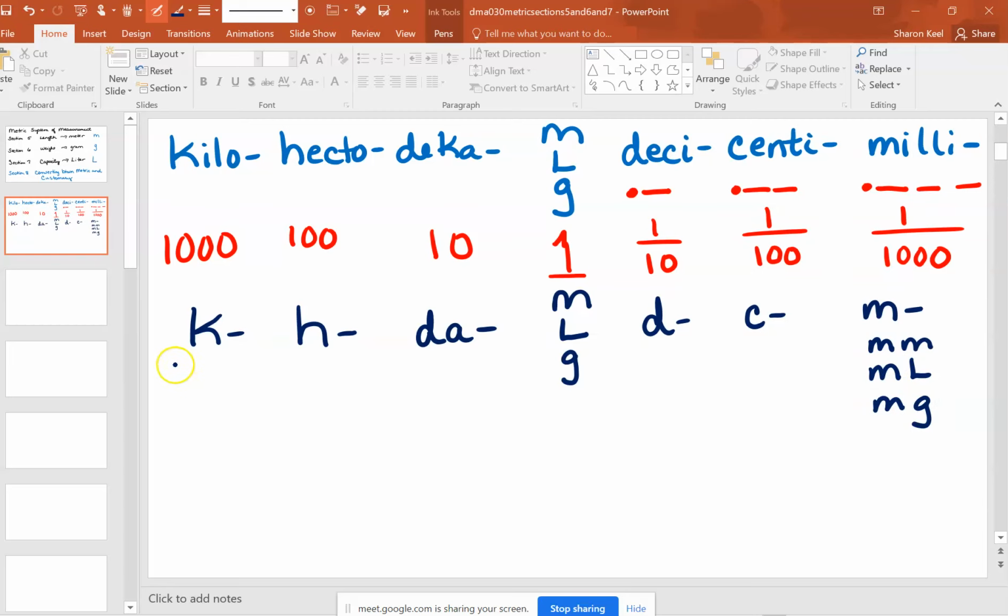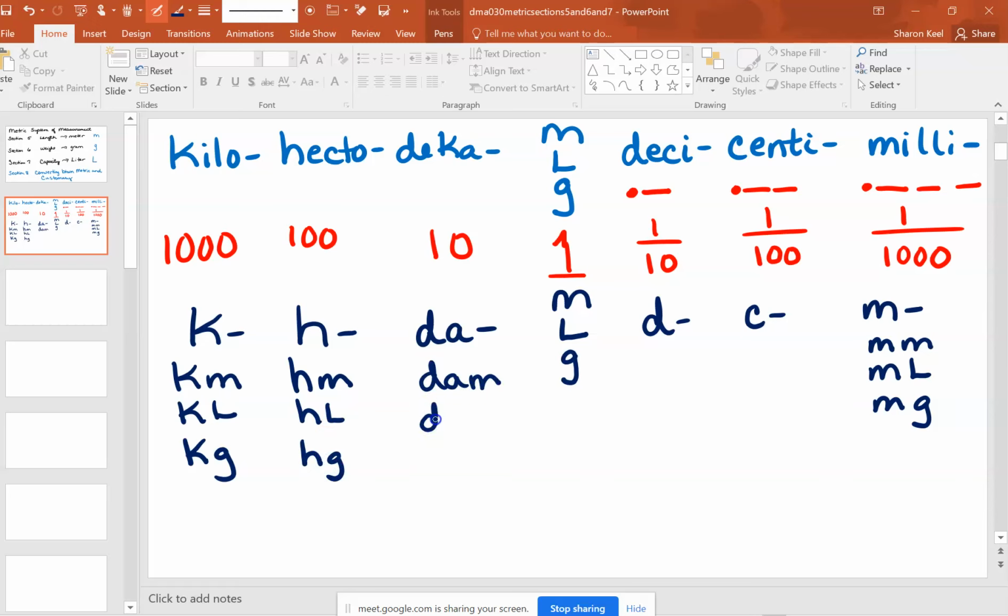So for each of these prefixes, we can have kilometer, kiloliter, kilogram. We can have hectometer, hectoliter, hectogram. We can have decameter, decaliter, decagram. There is, as I said, meter, liter, gram.